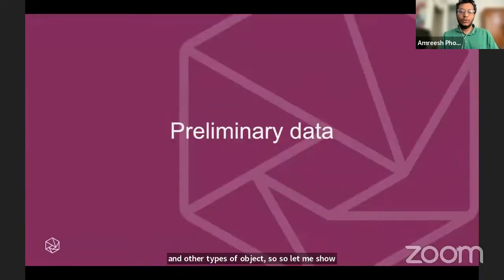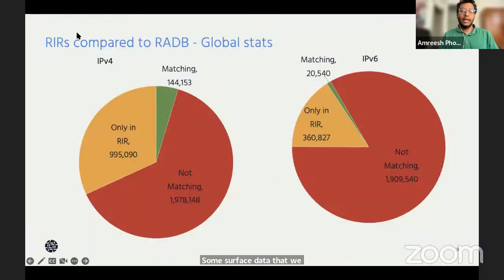So let me show you some first data that we have with RADB against the RIRs. What we see is that for IPv4, here I'm taking all the RIRs and not necessarily Afrinic, objects that appear only in the RIRs are around 1 million.